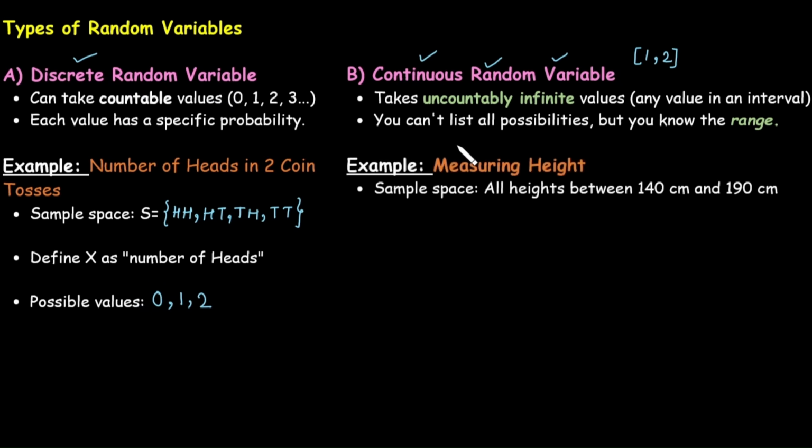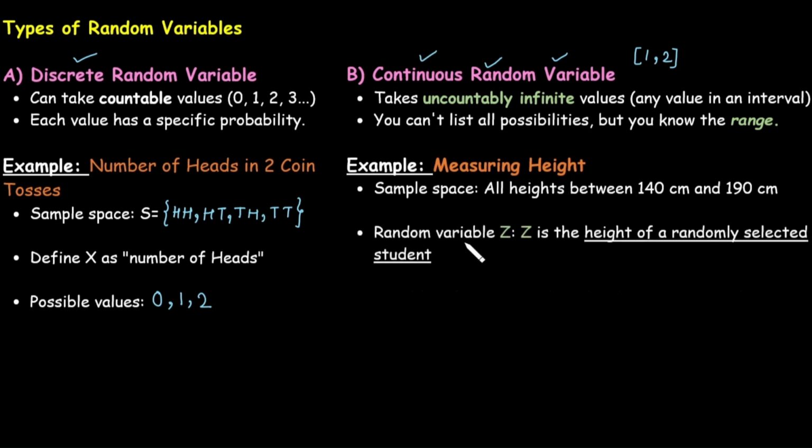On the other hand, if we take measuring height, suppose आपके पास एक sample space है जिसमें आप height ले रहे हो between 140 centimeter to 190 centimeter. Now the random variable we are defining here is z, that says that z is the height of randomly selected student. अगर आप randomly select करते हो कोई भी student, आप उसकी height क्या कहोगे? Is this 150 centimeter or 155 centimeter?